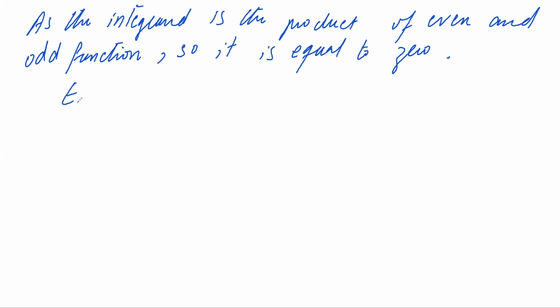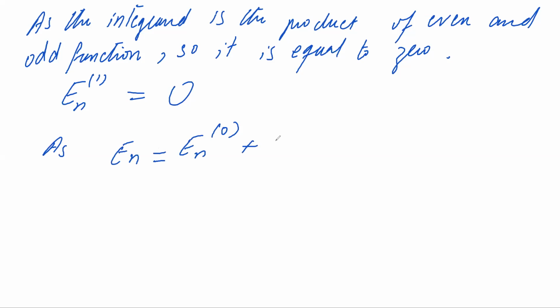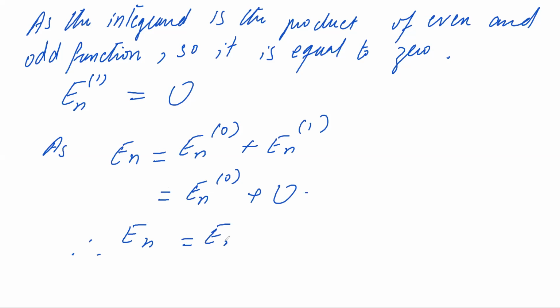Therefore, E_n^1 is equal to 0. And therefore, we can write, as we know, that the total E_n value is equal to the sum of the unperturbed part and the perturbed part. Since the perturbed part is 0, this is equal to E_n^0 plus 0. And therefore, E_n is equal to E_n^0. So this is the answer in this case.